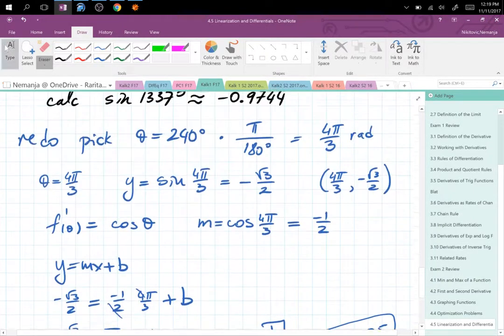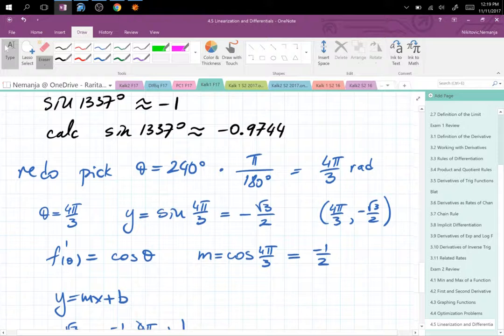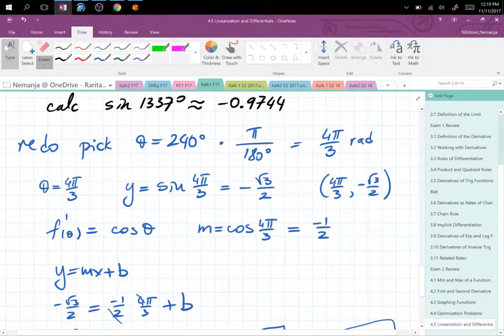I'm not sure where. Divide by 60, you get 4, you get 3, 4 pi over 3 the theta. Sine of 4 pi over 3 is root 3 over 2.